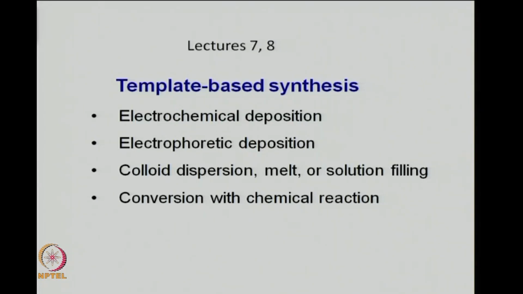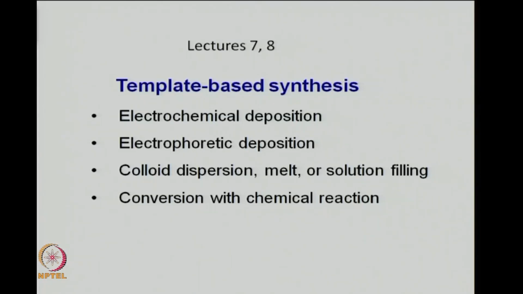So, typically in electrochemical deposition, you have an electrode and you have electrolyte solution from which you deposit on the electrode nanomaterials. In electrophoretic deposition, you have particles which you make charged and then you make them move and deposit.